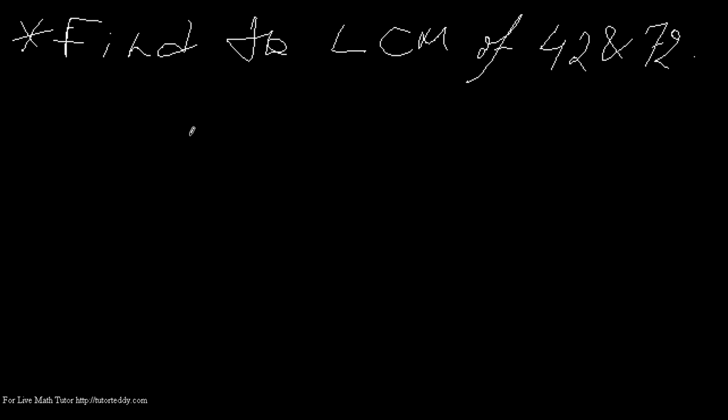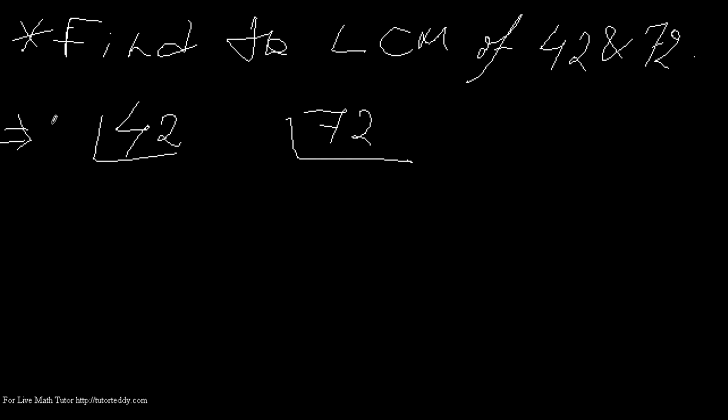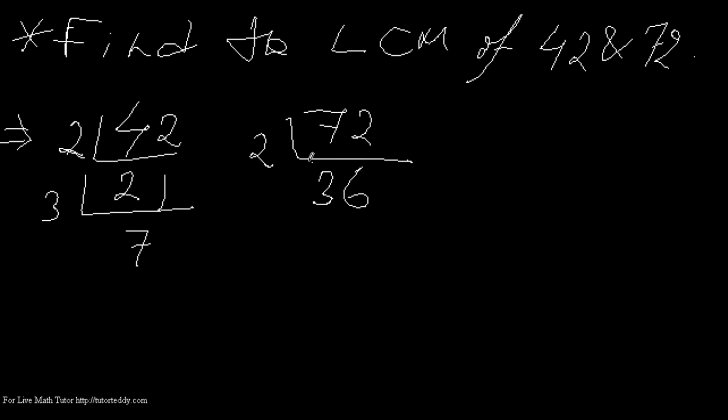At first I do the factorization as I used to do, of 42 and 72 here. Let me factor them out. Starting with 2, 2 2s are 4, 2 1s are 2, then 3 7s are 21, and here I have 2 3s are 6, I have 12, 6 2s are 12.